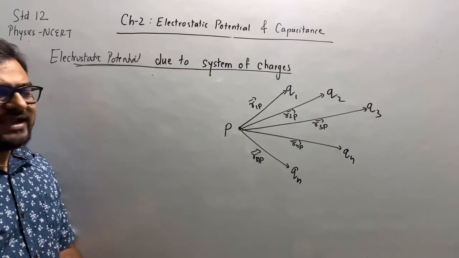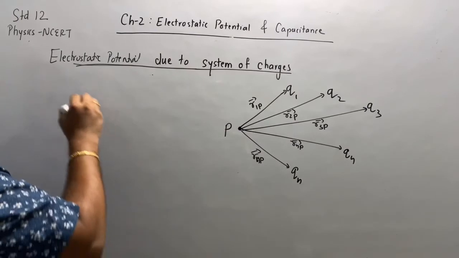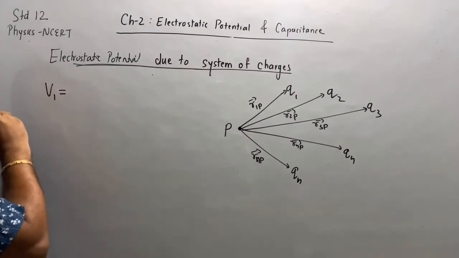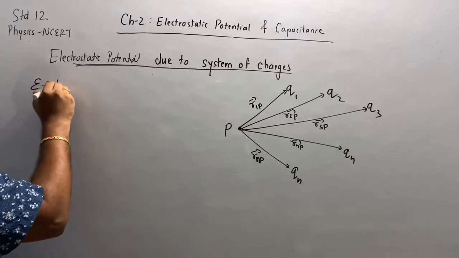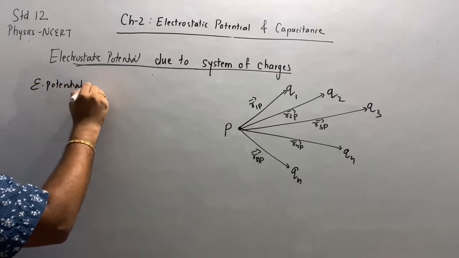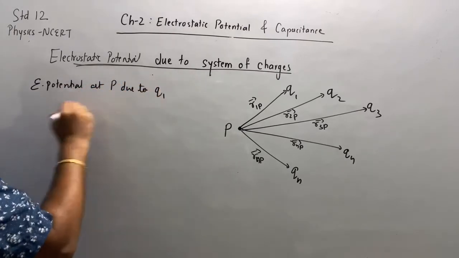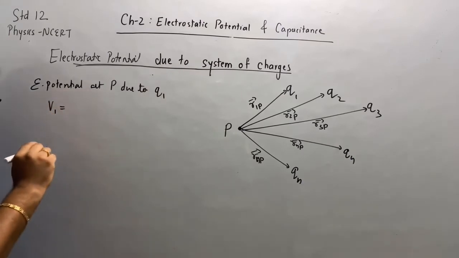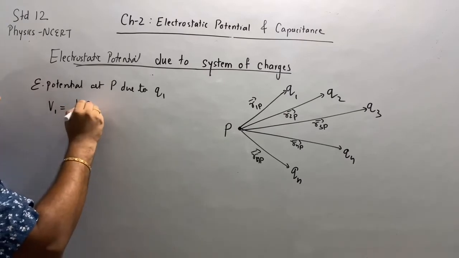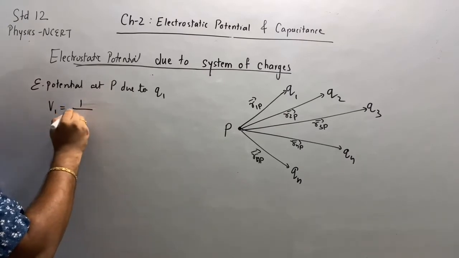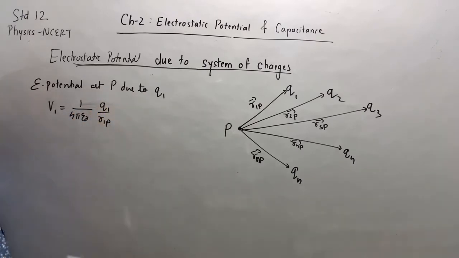Now the electrostatic potential at P due to Q1, V1, will be equal to K Q1, or 1 by 4 pi epsilon 0 Q1 by R1P.